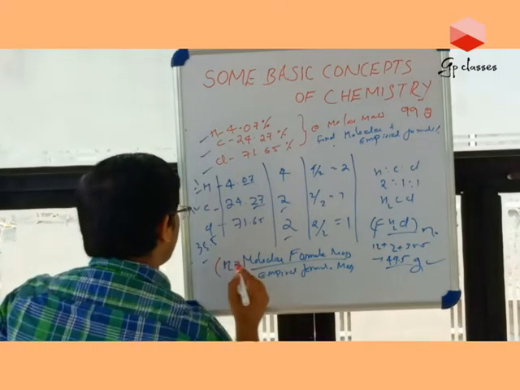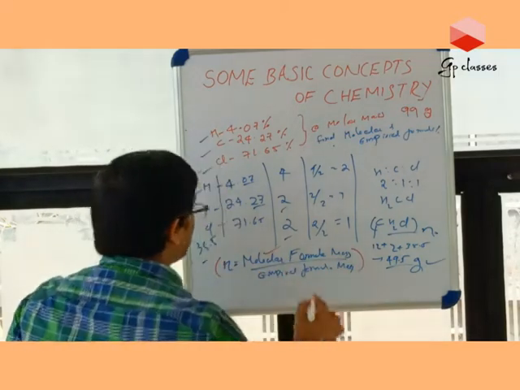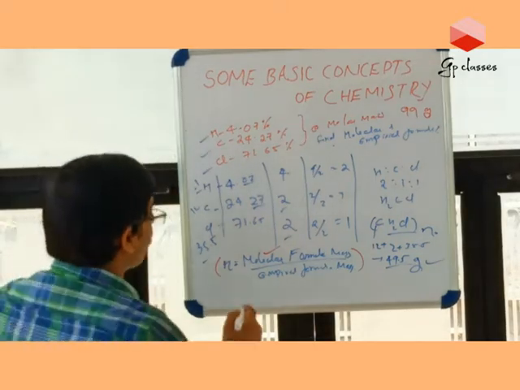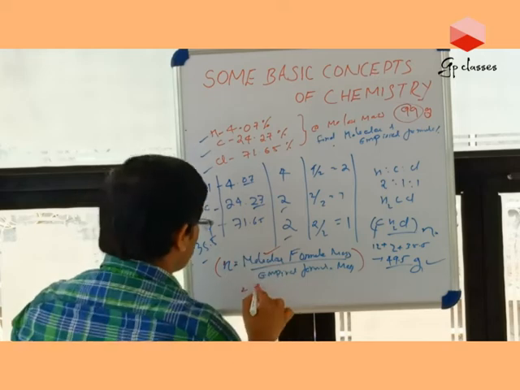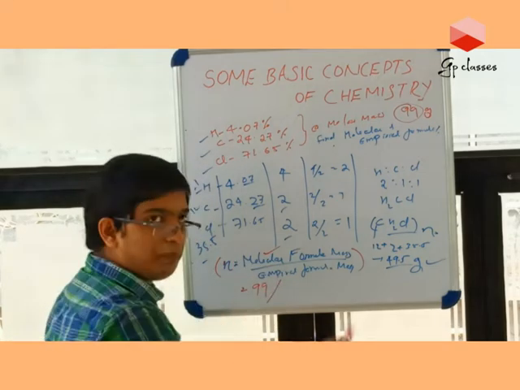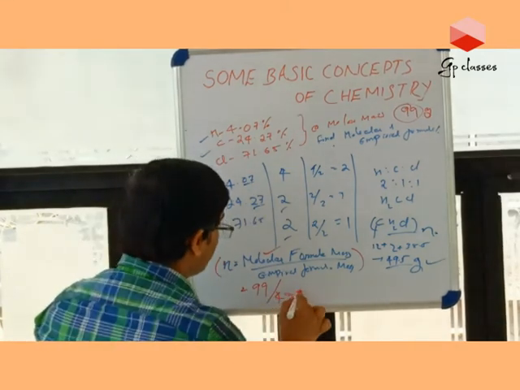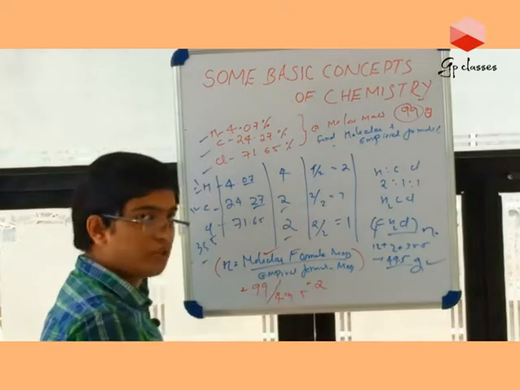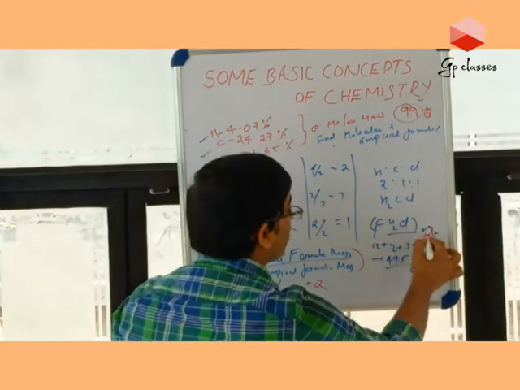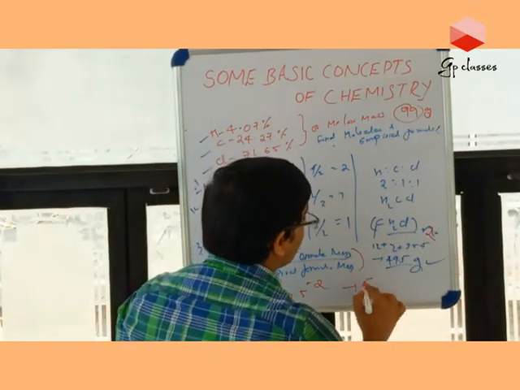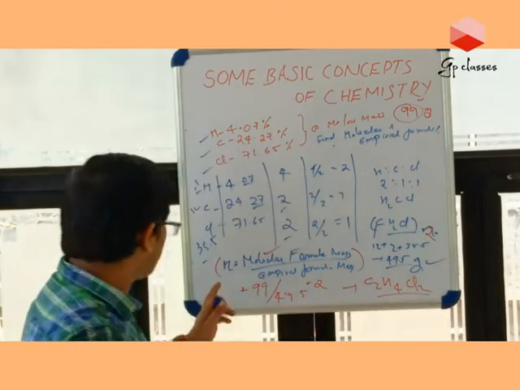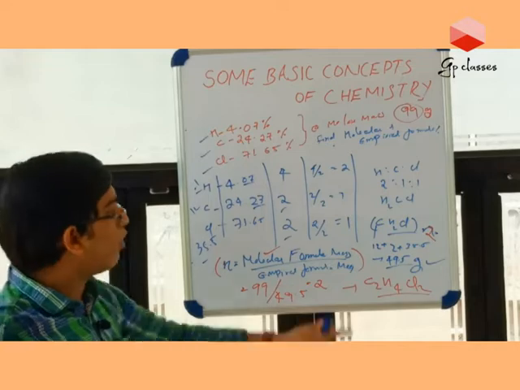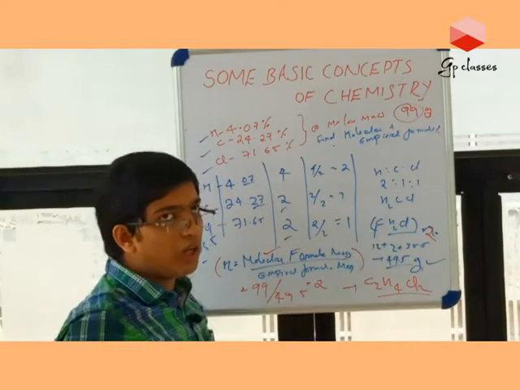Note: n factor is molecular formula mass by empirical formula mass. You know molecular formula mass is given in the question. So 99 divided by the empirical formula mass, that is 49.5, which is simply 2. N factor is 2. So you can get the molecular formula as C2H4Cl2.